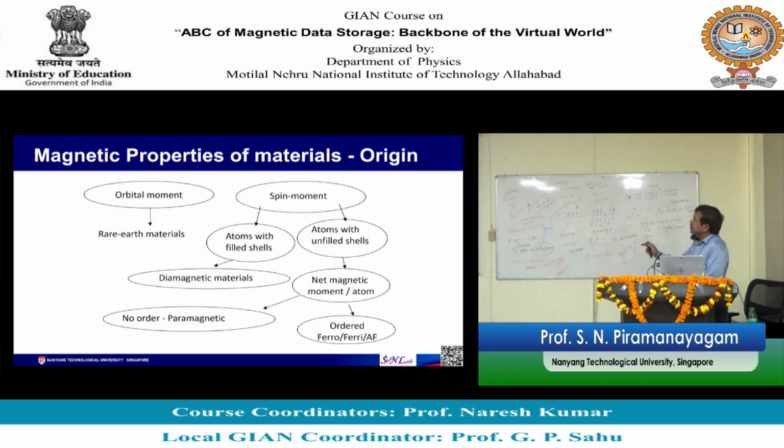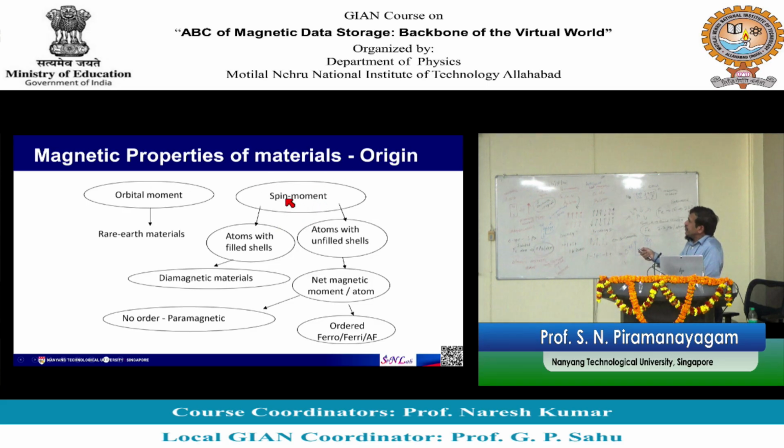Okay. So, this is a brief mind map of whatever we learned so far. So, in the start of this lecture, we learned that there are two possible contributions to magnetism. One is orbital moment and another is spin moment. So, I told you that the orbital moment of iron, cobalt, nickel are quenched, they have no contribution. So, we just skipped this part and focused on a spin moment.